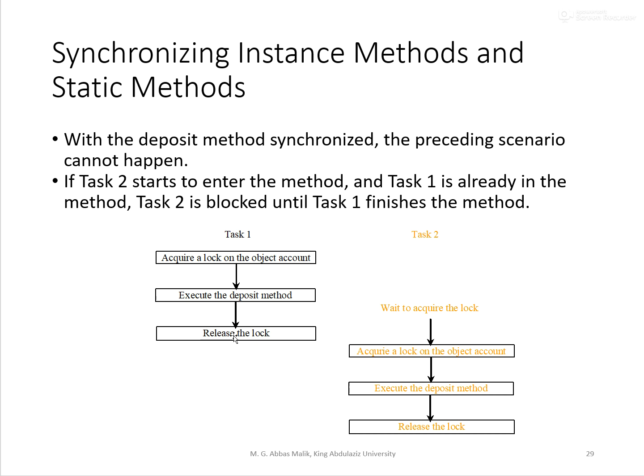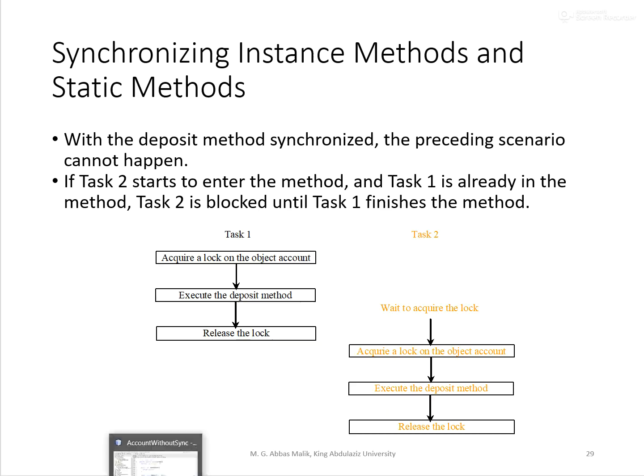You can think of that lock as a token. And then another thread, task 2 over here, may acquire that lock and execute the critical region of that code.